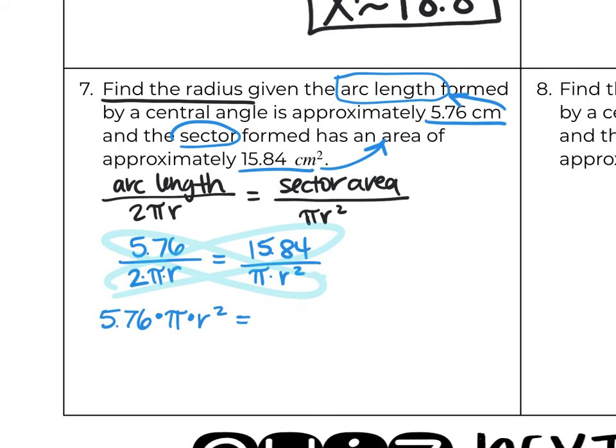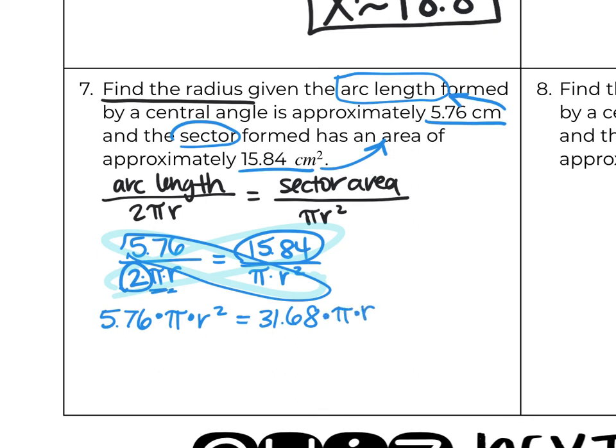Actually, I am going to multiply that, sorry. I'm going to do the 15.84 with the 2, but leave the pi and the r, okay? So essentially only multiply your constants, whereas this section, 5.76 was the only number. So 15.84 times 2 is 31.68. I keep the pi and the r, so I'm not multiplying those out. Only multiply the regular numbers or the constants.